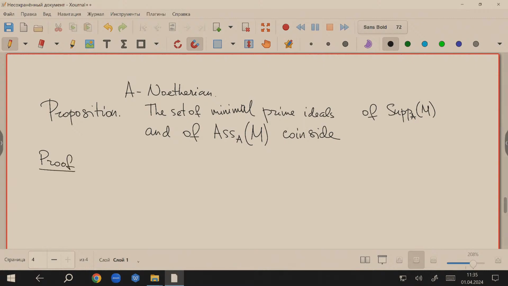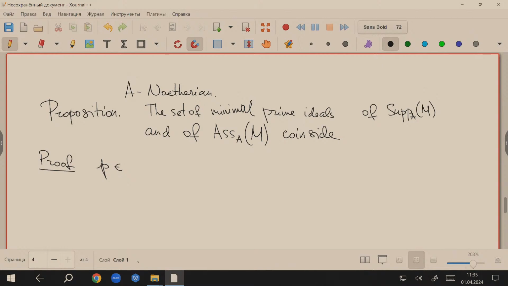as follows. So you notice that, suppose that P is minimal. From the geometric point of view, the set of associated primes corresponds to the ideal, so we take A modulo I. And this variety has several components.